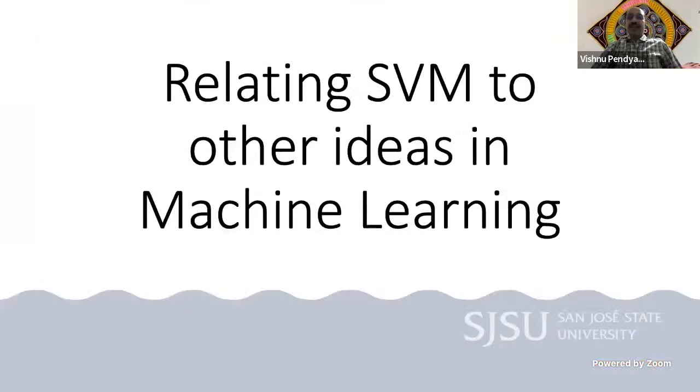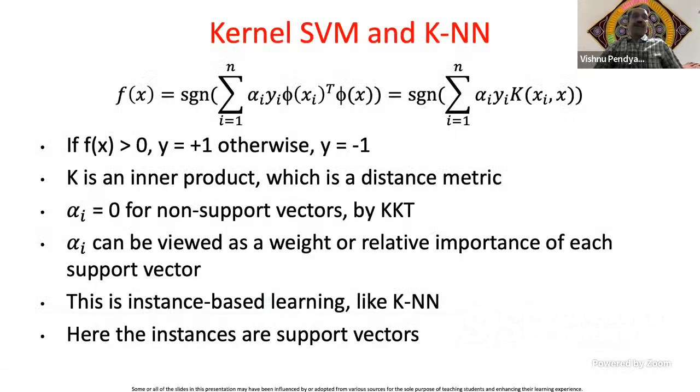I quickly want to close the discussion by relating support vector machines to other machine learning methods. So first is Kernel. We already talked about it, but in terms of the algebra, if you look at the classification for support vector machines, this is what we arrived at, right?